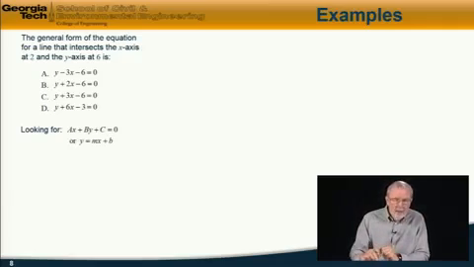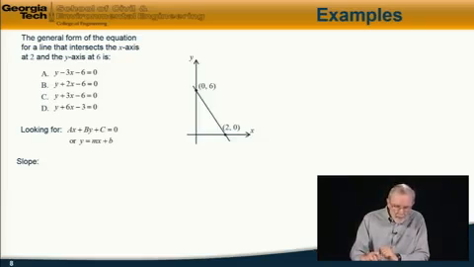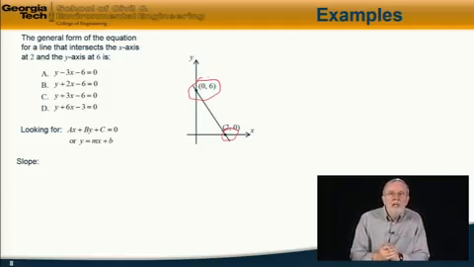But in this case, it's also convenient to write it in the standard form, y is equal to mx plus b, and we can compute the slope. So here is the picture. The line intersects the x-axis at 2, in other words, a point which has coordinates of 2 and 0, and the y-axis at 6, in other words, a point which has coordinates of 0 and 6.